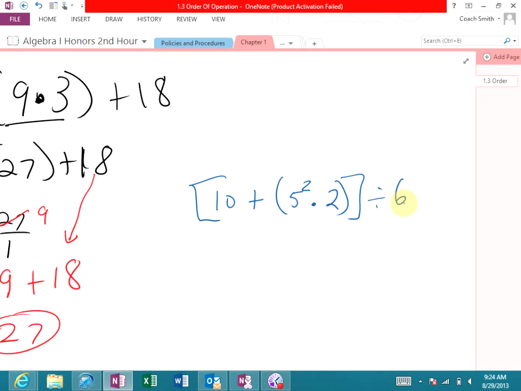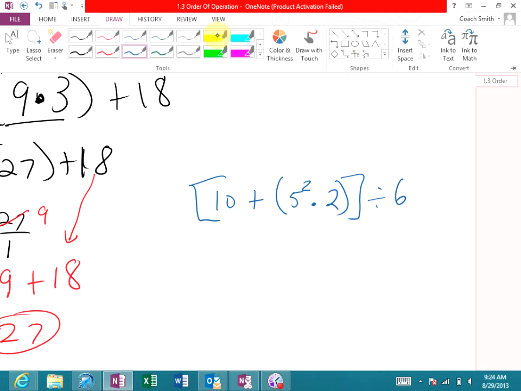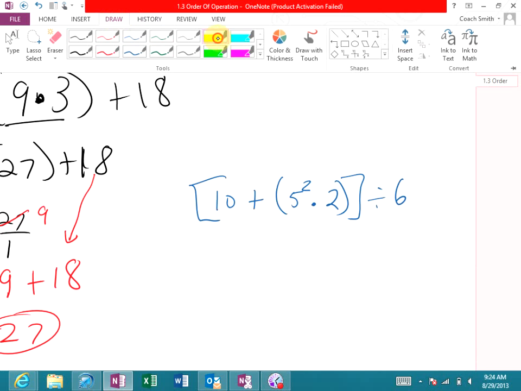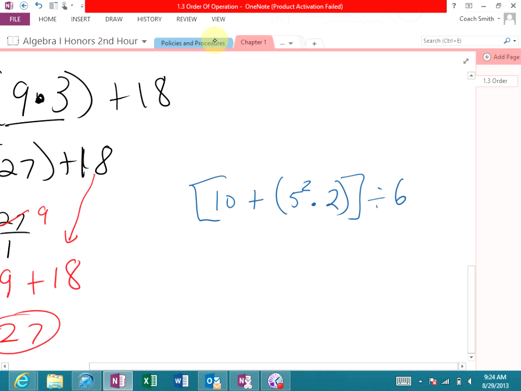All right. So, what do we do first here? Brandon. Why do we do the exponent first? Yes, we do the exponent first, but why do we do it first, Caleb?